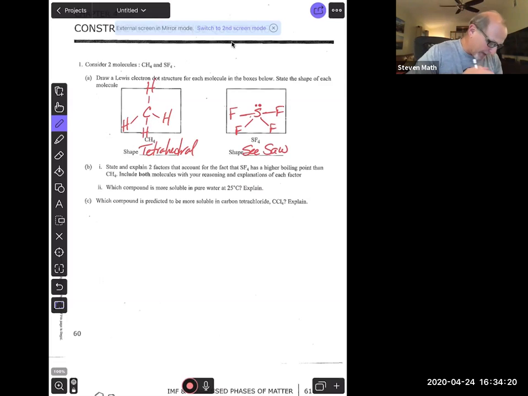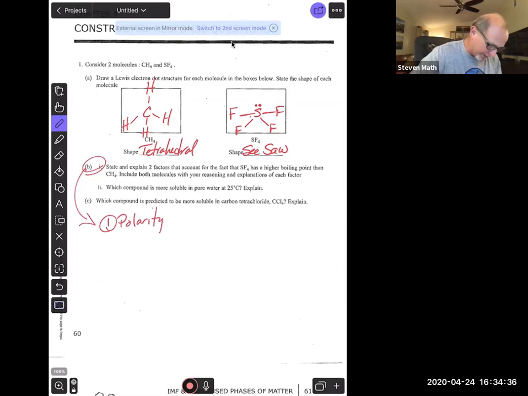Draw the Lewis structures, state the shape. Done. How about B? It says state two factors that account for that. Your factors are very similar. Basically, factor number 1 is going to be polarity.